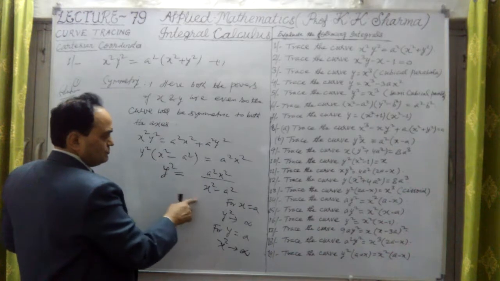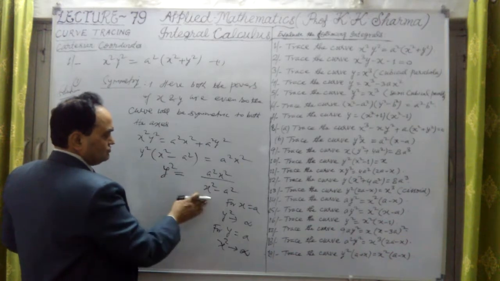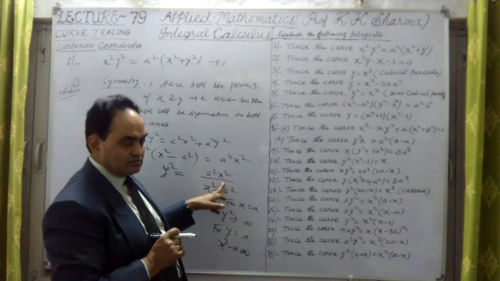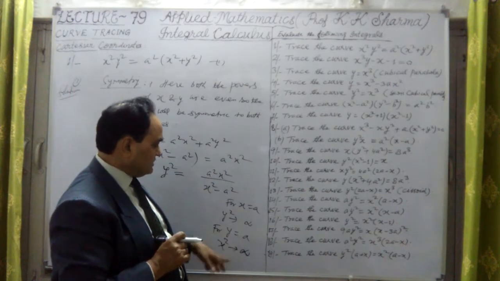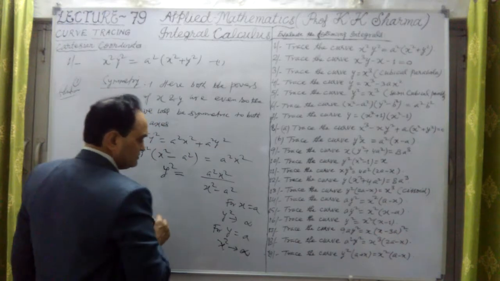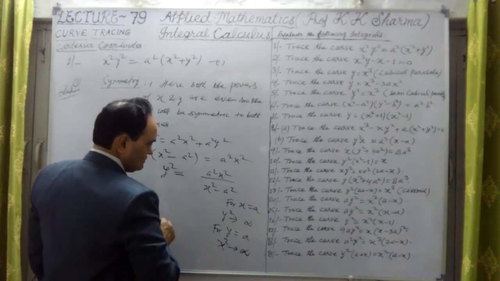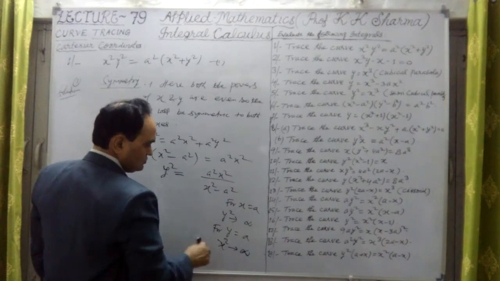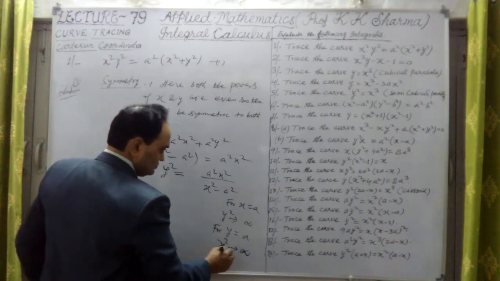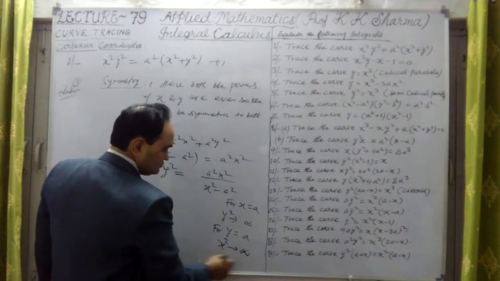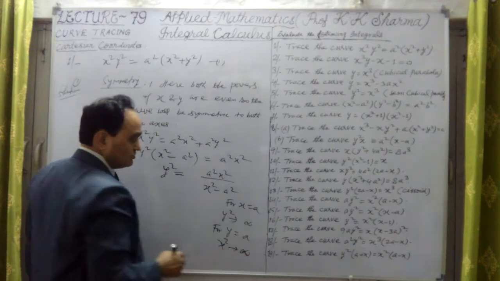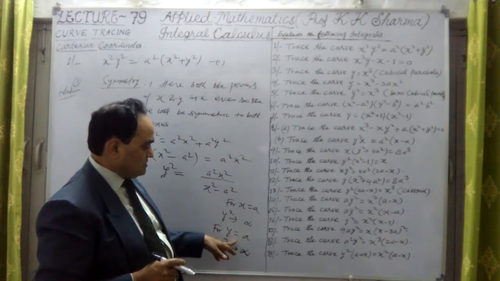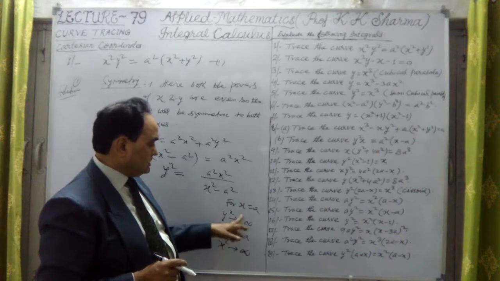This is what we have to check here. So if x square minus a square equals minus a square, then x square will not be defined in that situation. In this case y tends to infinity. So it's one of the points we will define, that there are some asymptotes at y equal to a and x equal to a.